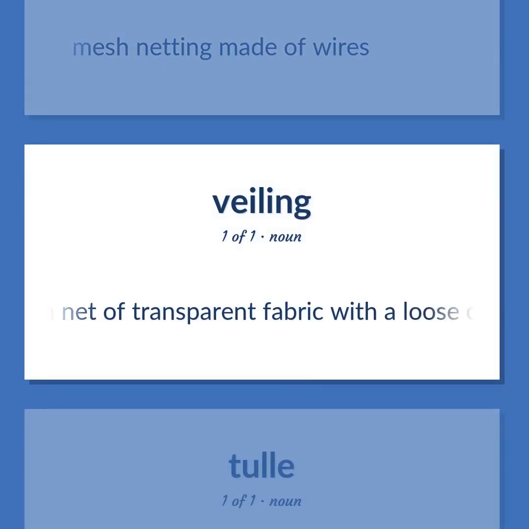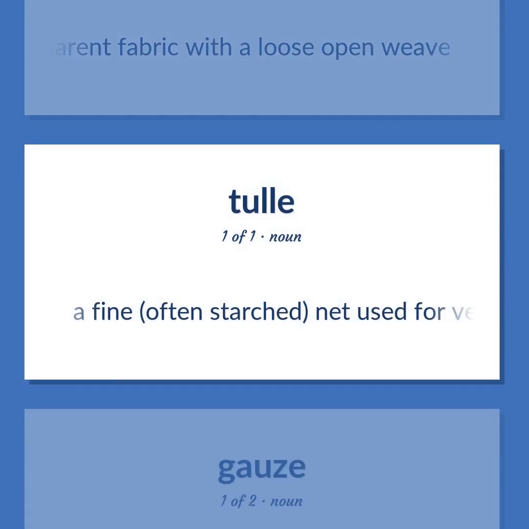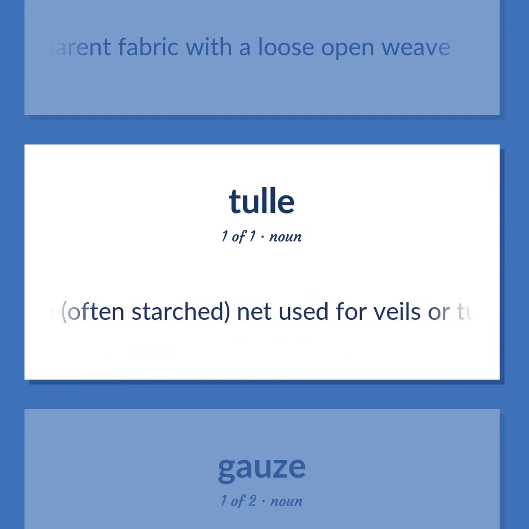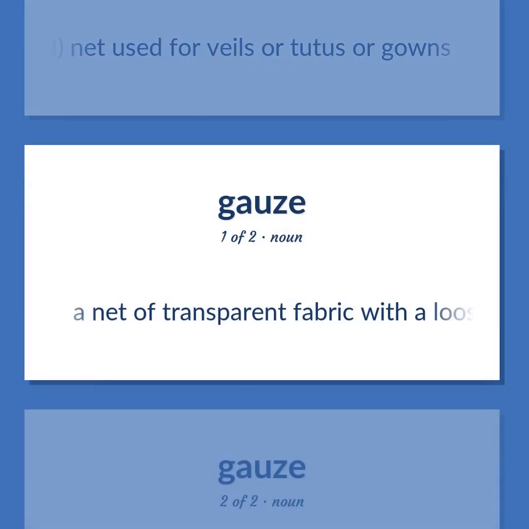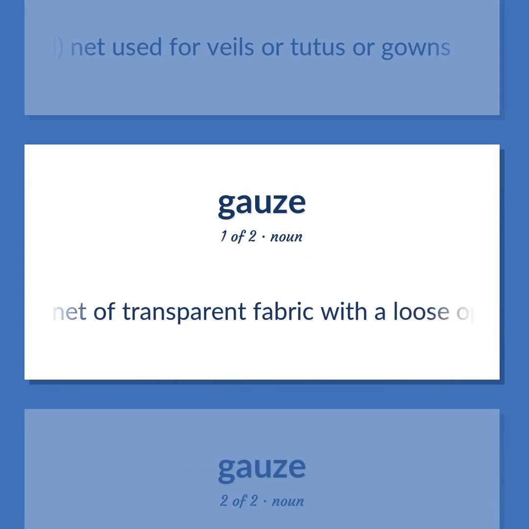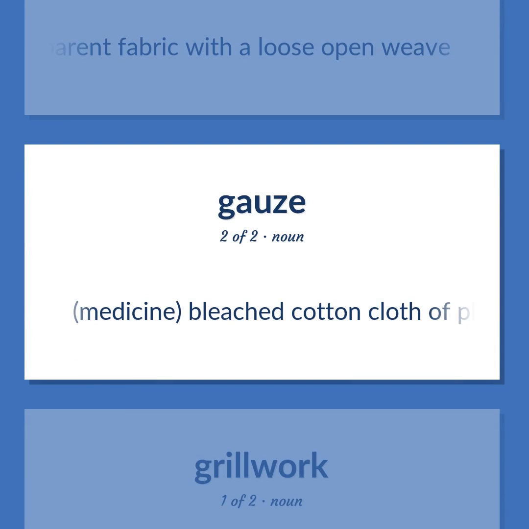A net of transparent fabric with a loose open weave. A fine, often starched, net used for veils or tutus or gowns. Medicine, bleached cotton cloth of plain weave used for bandages and dressings.